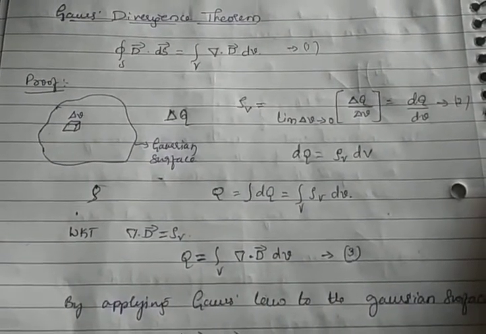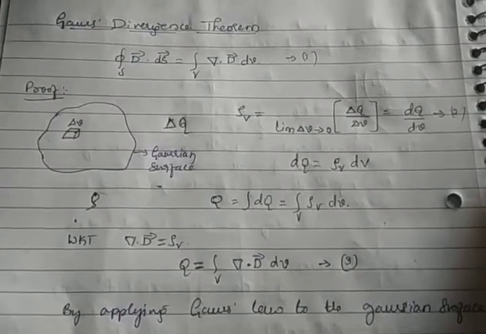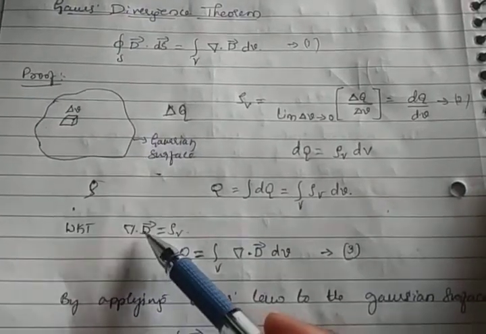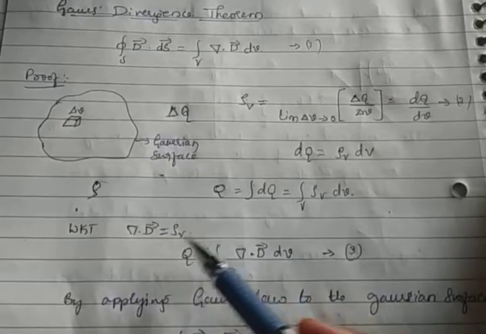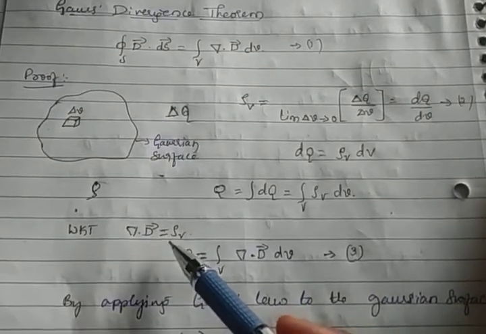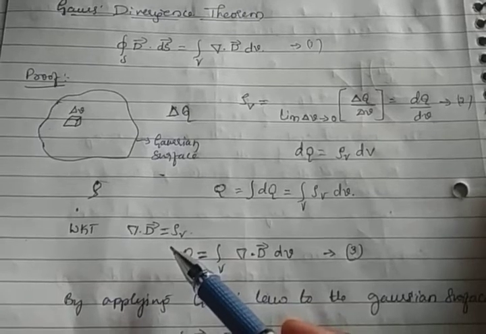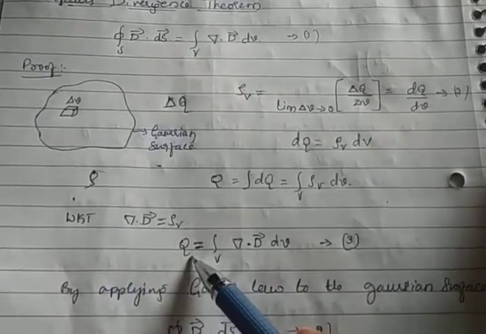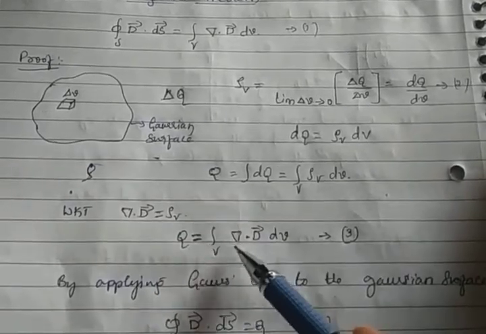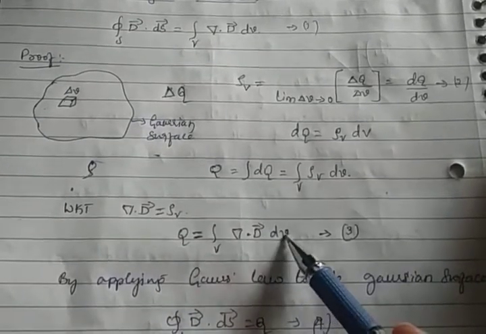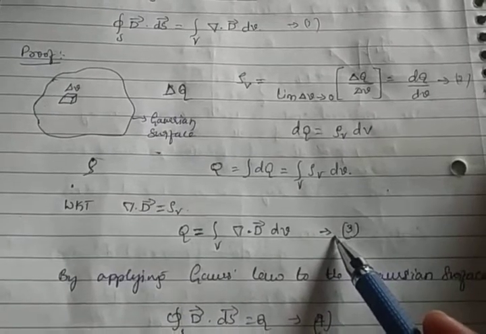Next, we know that del dot vector D is equal to rho v, by Maxwell's first equation, which was already discussed in the previous video. The total charge Q is equal to the volume integral of del dot vector D into dV, which is equation 3.